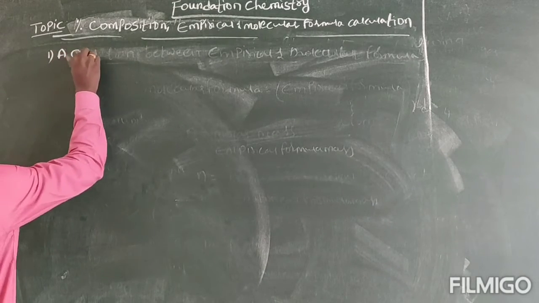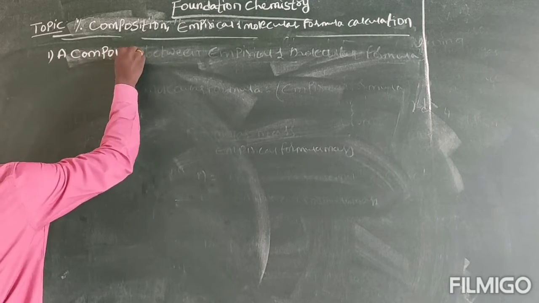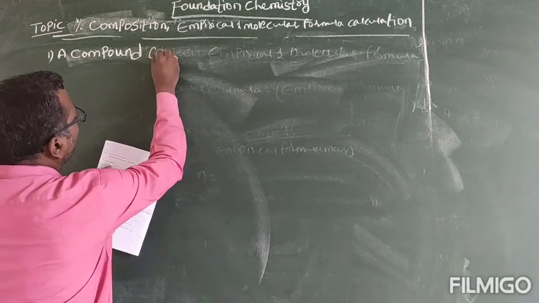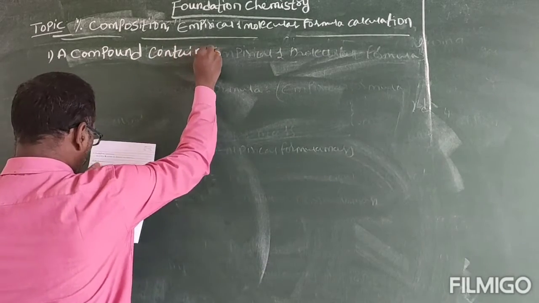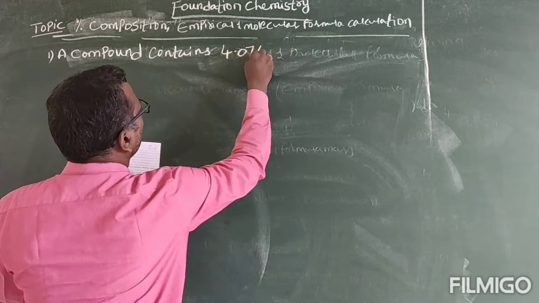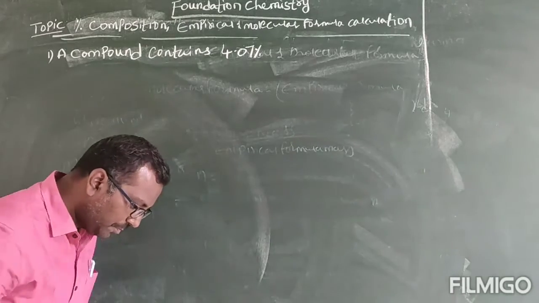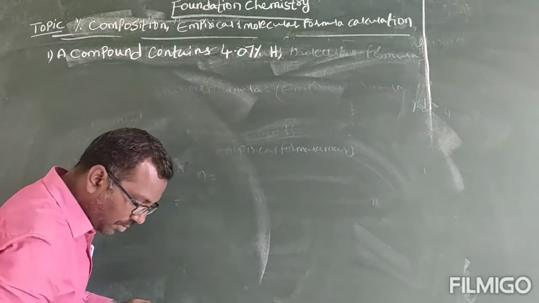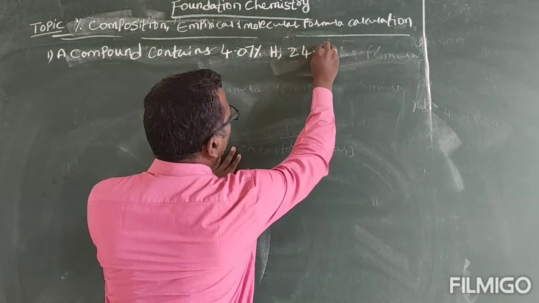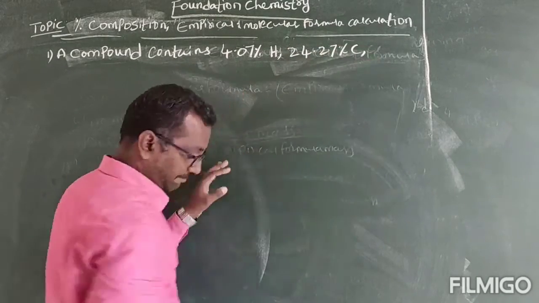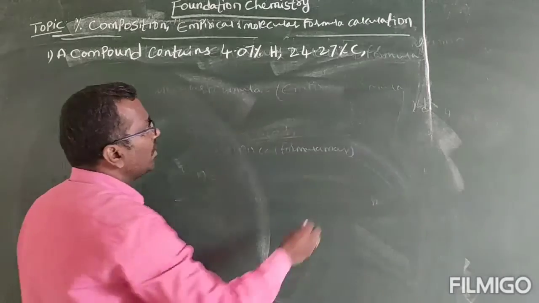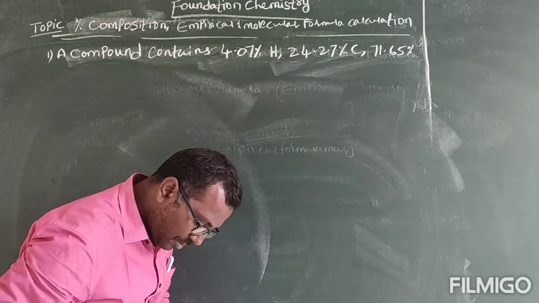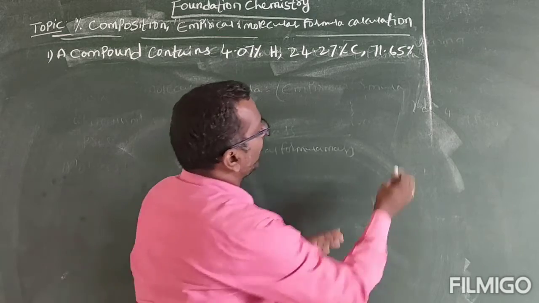A compound contains 4.07% hydrogen, 24.27% carbon, and 71.65% chlorine.